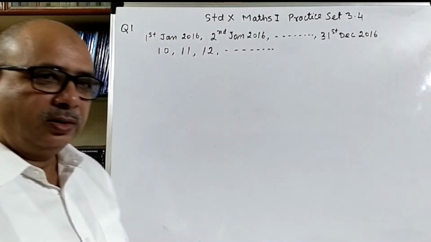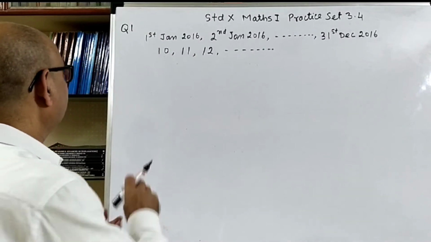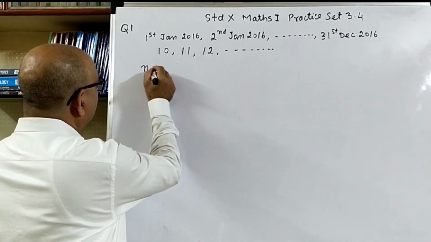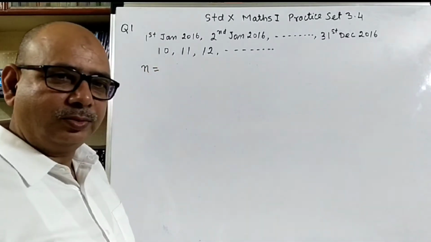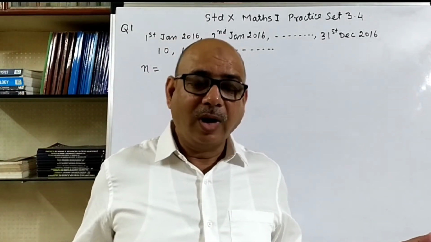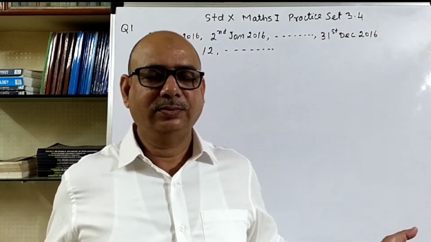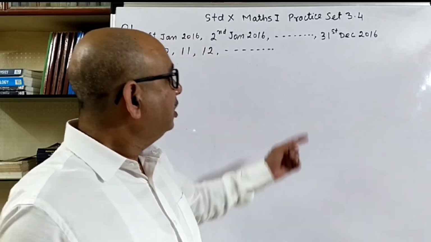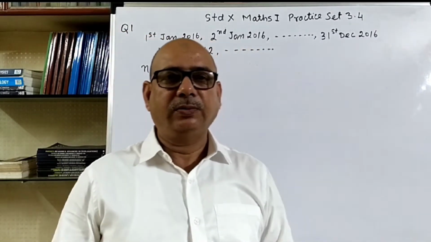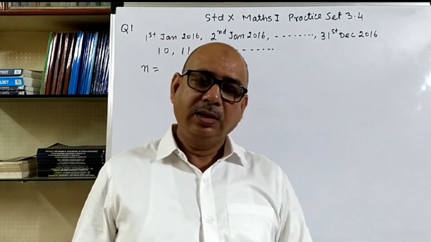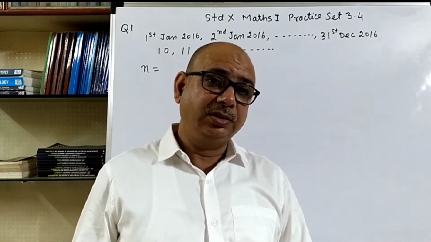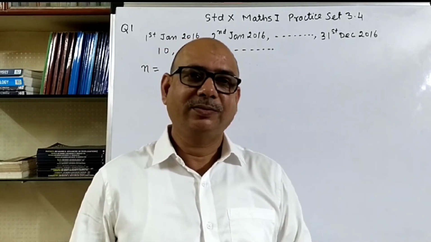The value of n is equal to 365 or 366. This 2016 is a leap year, and in a leap year the number of days is 366.